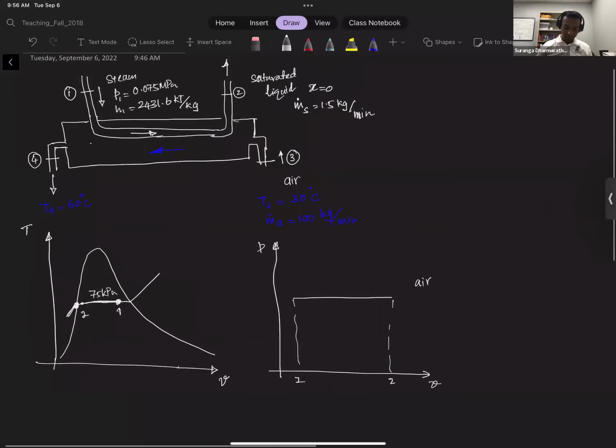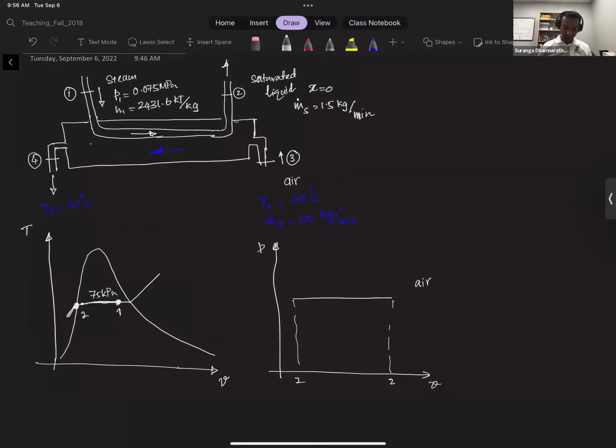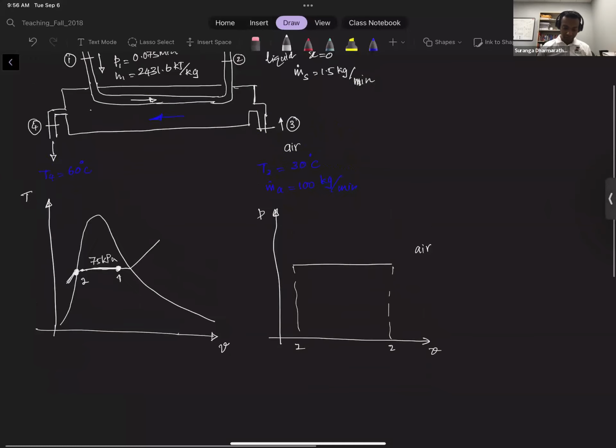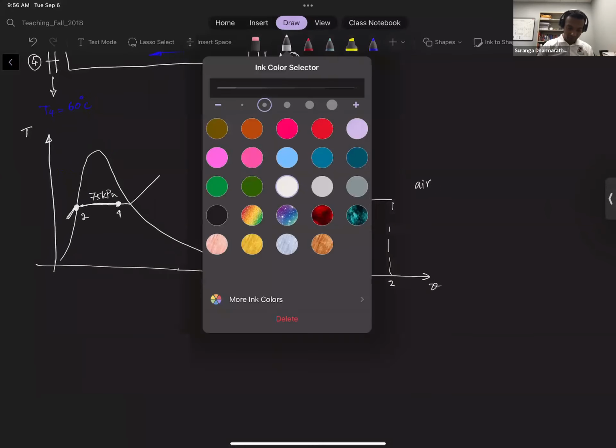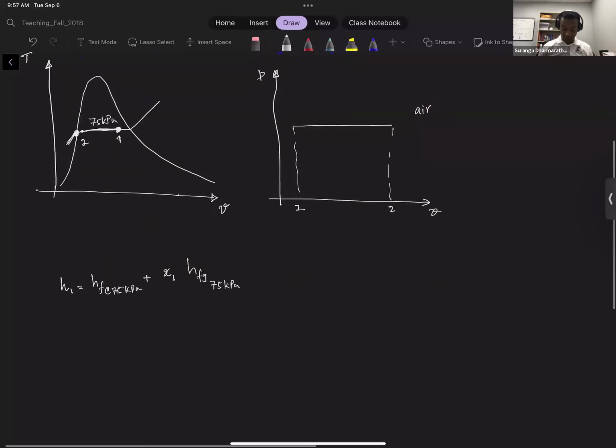Now I'm going to find out the quality of steam at the entering state. To do that, I need this equation to find the quality. Quality is related with H1 is equal to HF at 75 kPa plus X1 HFG at 75 kPa. HFG is Hg minus HF.